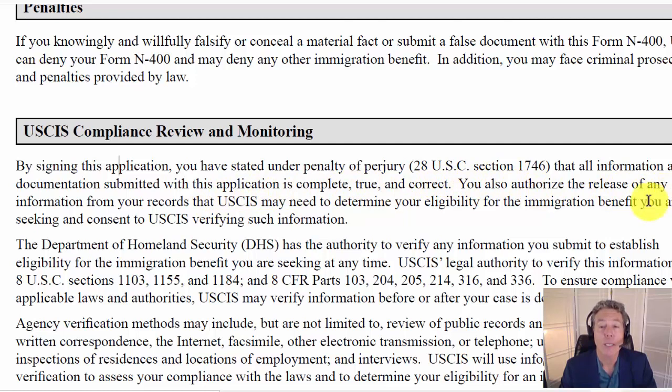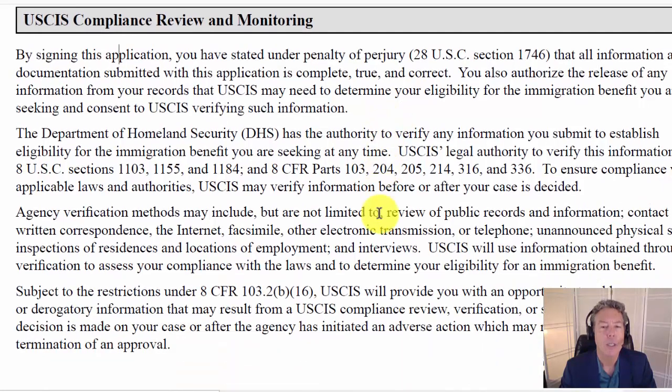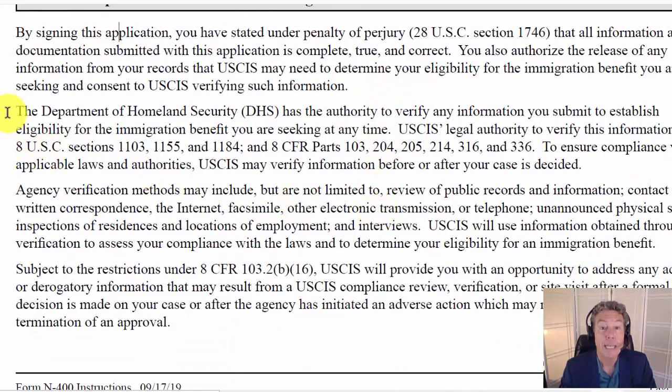You also authorize the release of any information from your records that USCIS may need to determine your eligibility for the immigration benefit you are seeking, and consent. I say it's okay for USCIS to verify such information. They do have legal authority to do this to ensure your compliance with applicable laws and authorities.